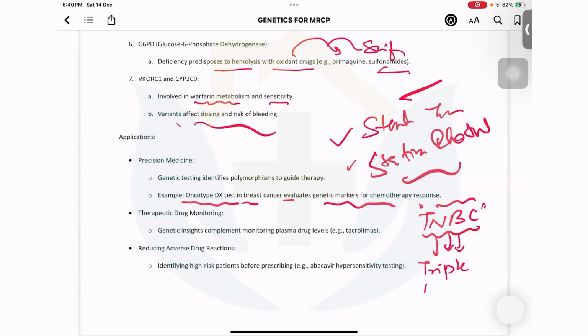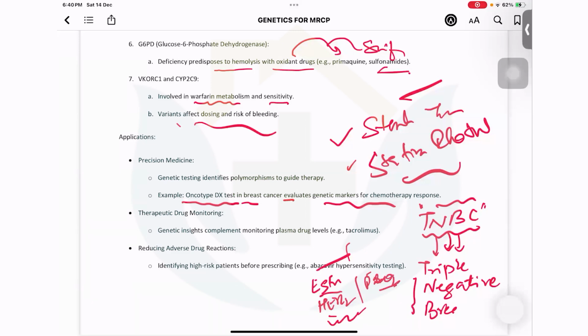So it is triple negative breast cancer. It is when we check the patient for estrogen, progesterone, and HER2/neu receptors. When these receptors are negative, it is called triple negative breast cancer.